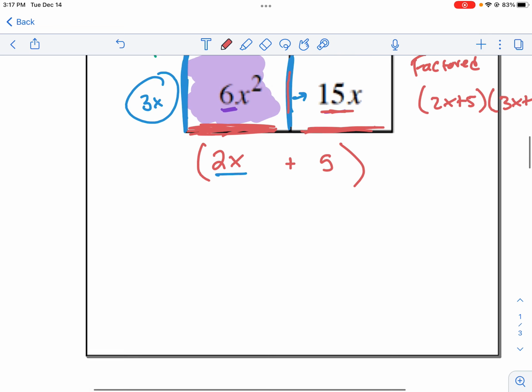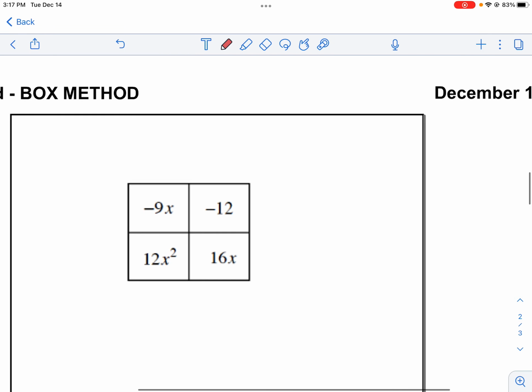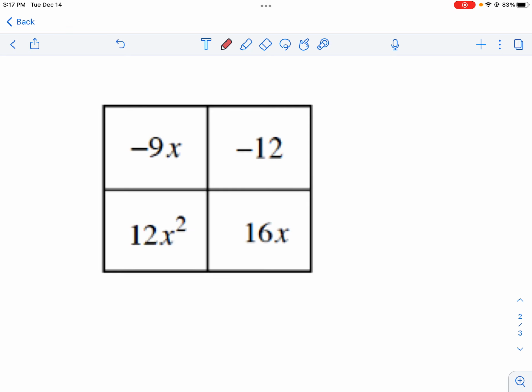I really love this because it's so puzzly and you kind of have to critically think through what would make the most sense. Let's look at another example right away here. So I always start in this lower left box, negative or 12x squared, and I say, okay, what would this length be right here that would also make sense for negative 9x?